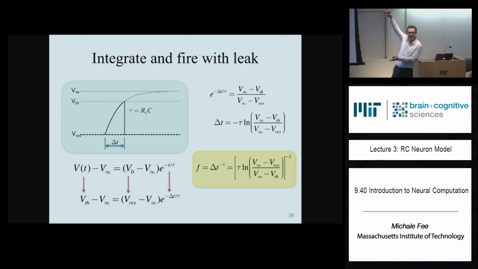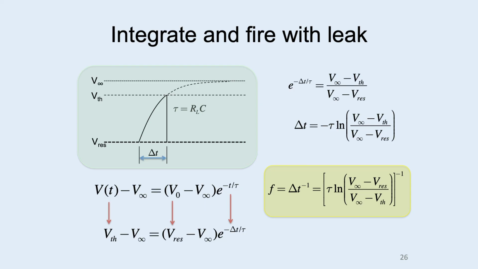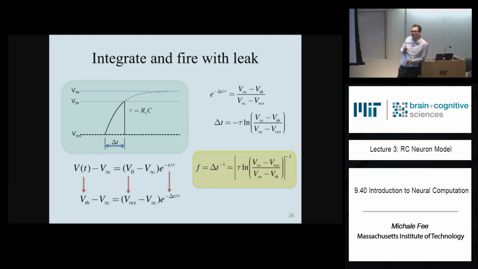Does that make sense? And when V infinity is really big, this expression approaches what? 1. And what is the log of 1? 0. So this expression approaches 1, and the log of that approaches 0.